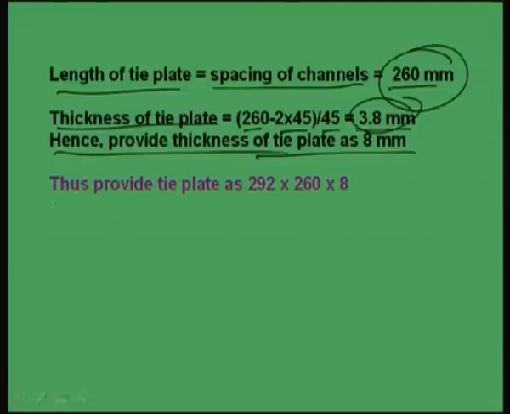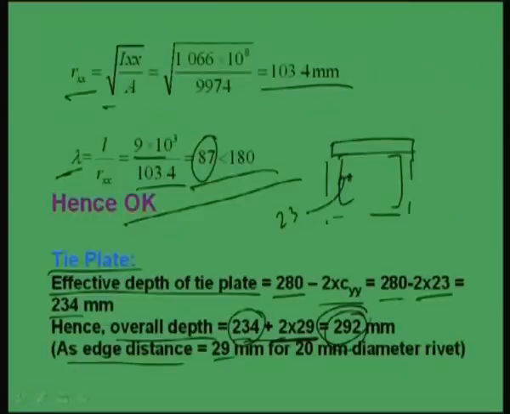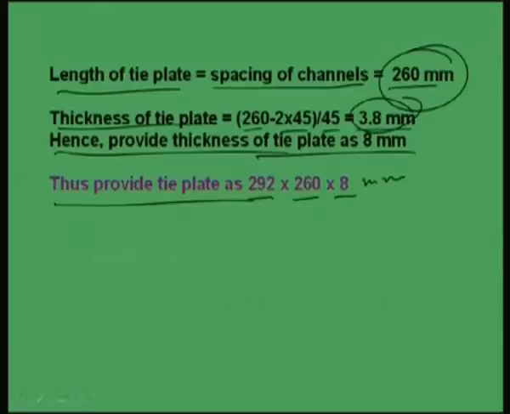Thus we can provide the plate as 292 by 260 into 8 millimeter. 292 is the overall depth, 260 is the length and 8 millimeter is the thickness. So the tie plate will be 292 into 260 into 8.